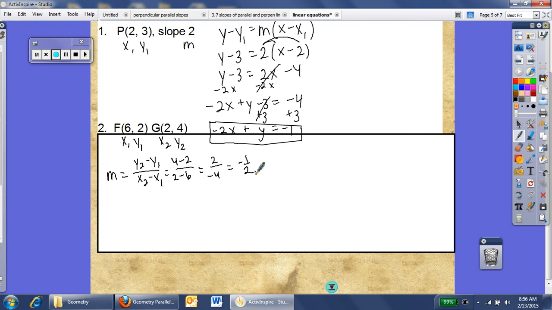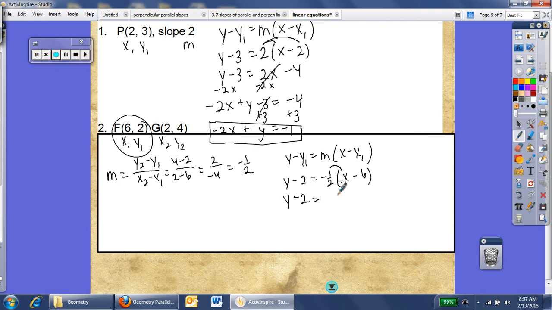Okay, plug in here. In this case, I'm going to write this again in point-slope form of y minus y1 equals m times x minus x1. I'm going to use the first point to plug in. It doesn't make a difference which one you choose. Y minus 2 equals negative 1/2 times x minus 6. Simplifying here to put it in standard form, I have y minus 2 equals negative 1/2 x.